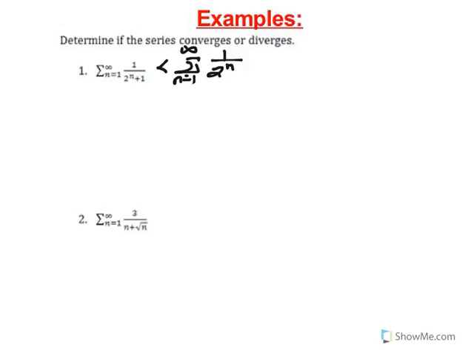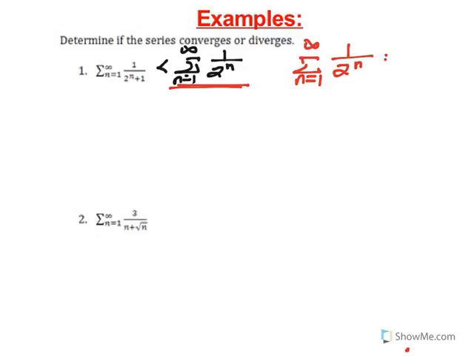Let's look at the one that we compared it to, the series from n equals 1 to infinity of 1 over 2 to the n. Why is this so much nicer than the other one?